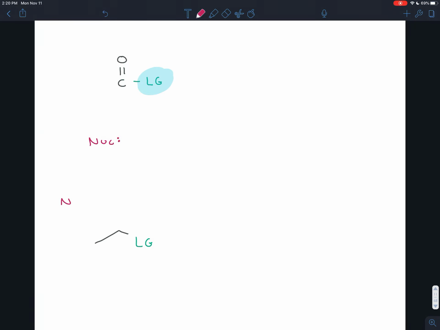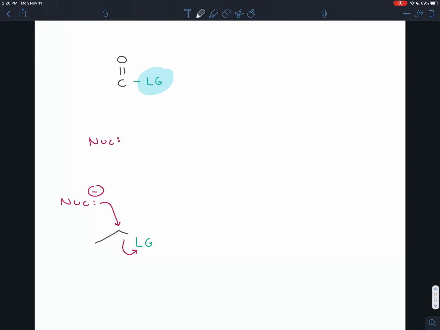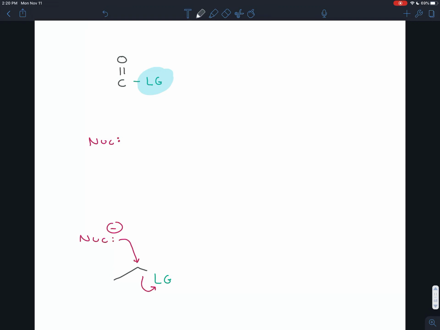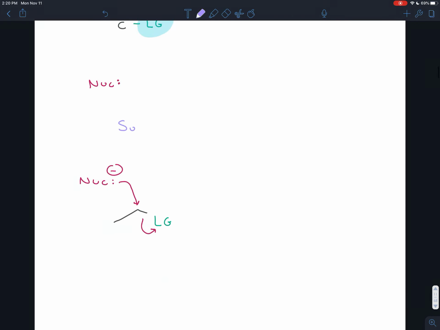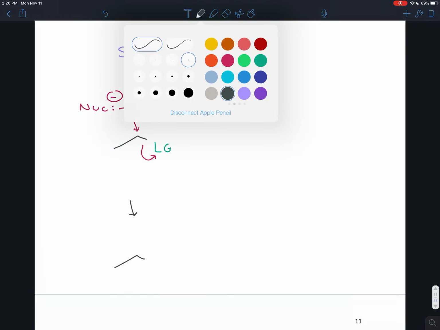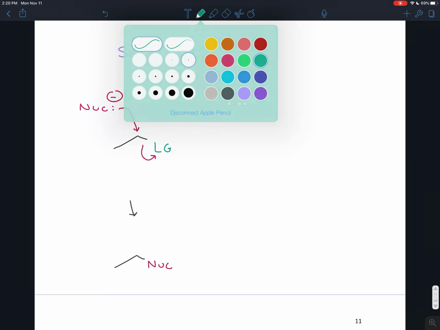And you'd have a nucleophile come in. The nucleophile would attack the carbon that has the leaving group on it and kick the leaving group off. And that was a regular substitution reaction. Now, you would have classified that as substitution because what you end up changing is having that same carbon chain, but having a nucleophile attached instead of the leaving group.